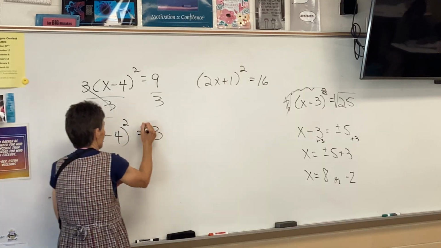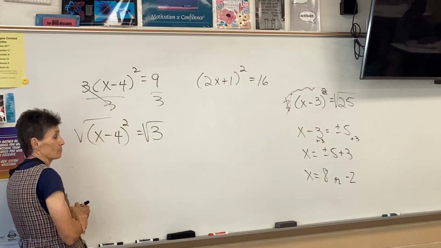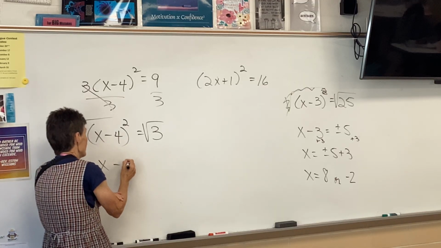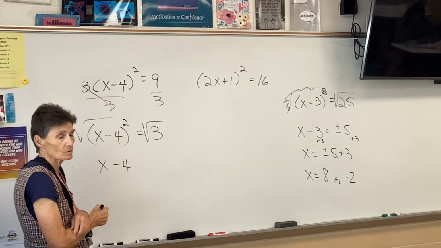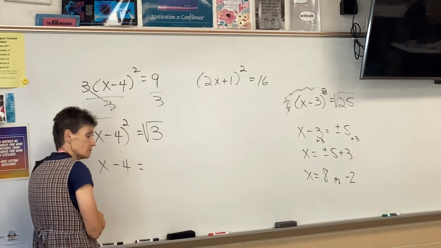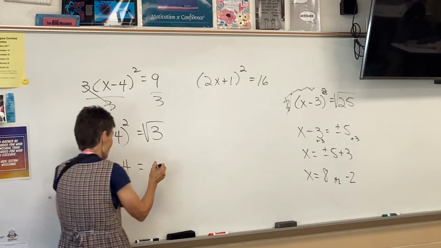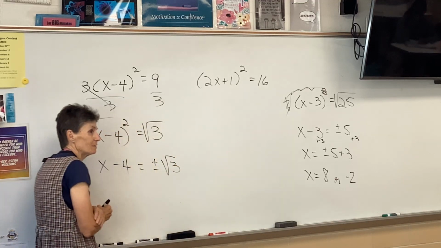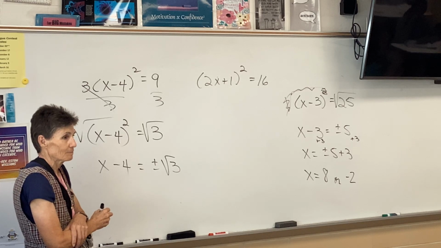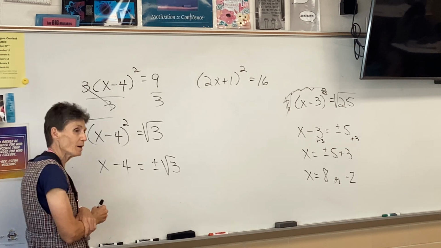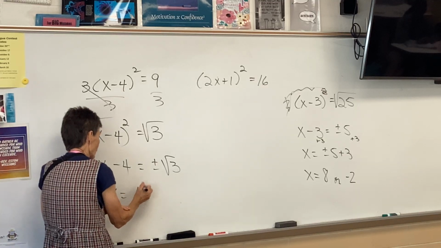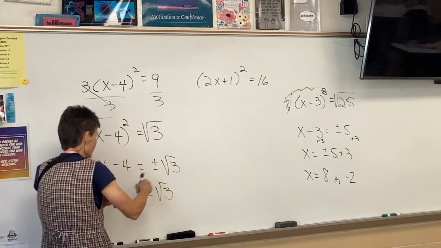Now I'll square root. What happens over here? X minus 4. Remember, when you square root a square, they cancel. So it's just x minus 4. And what's over here? Plus or minus the square root of 3. And the only thing left to do is add that 4 over. Now, I put the 4 first.